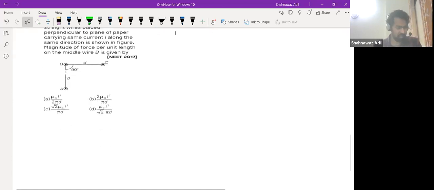Let me show you the arrangement. We have this plane, and these wires are placed perpendicular to this plane.